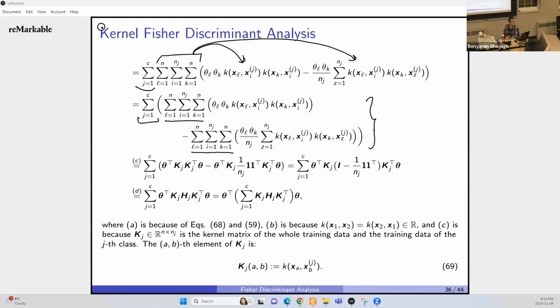I write them in matrix form now. So this part in matrix form becomes theta transpose kj transpose theta, where kj is defined as the kernel matrix of the whole training data and the training data of the jth class. Okay, so it's n by nj. Okay, nj is the cardinality of the jth class and n is the total number of points. Okay, so this becomes this.